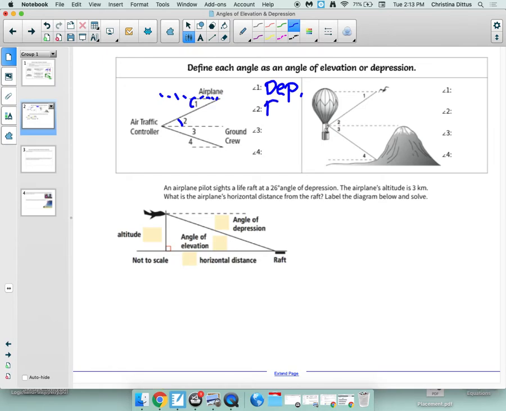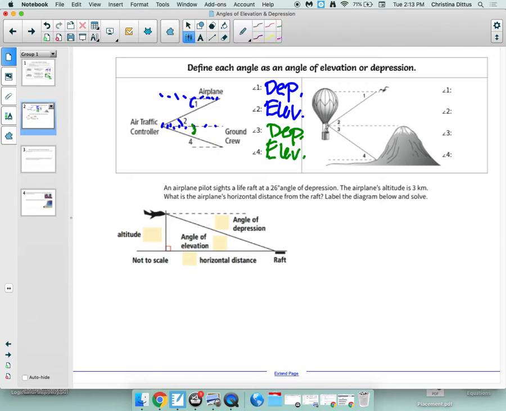Elevation. If I'm in this air traffic controller looking at the ground crew, is it an elevation or depression? Depression, so I'm looking down. And then if I'm a ground crew looking up the tower, this is elevation.